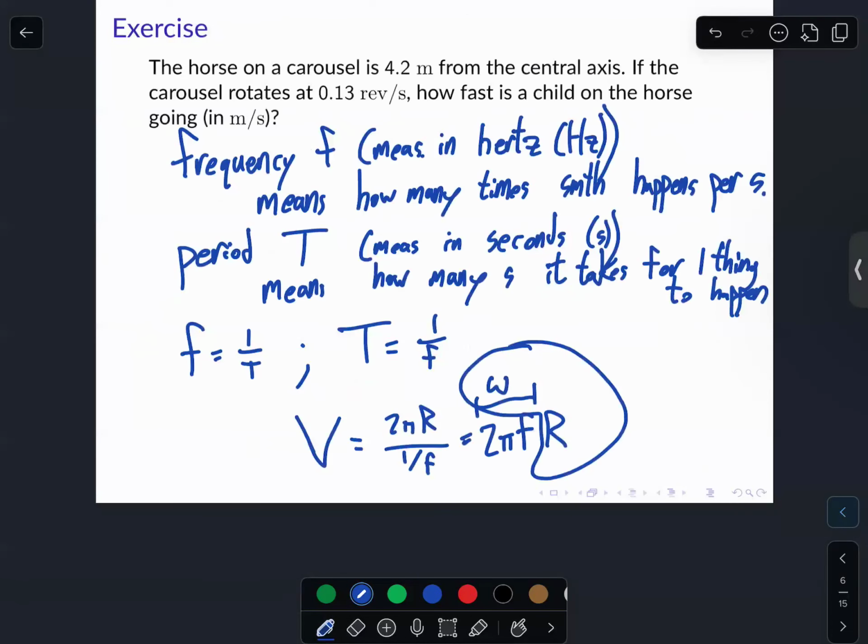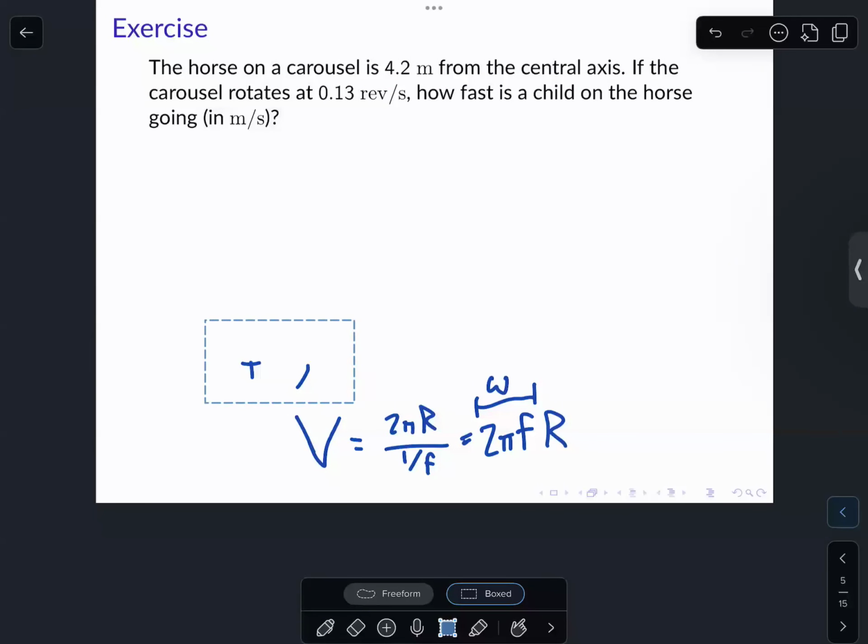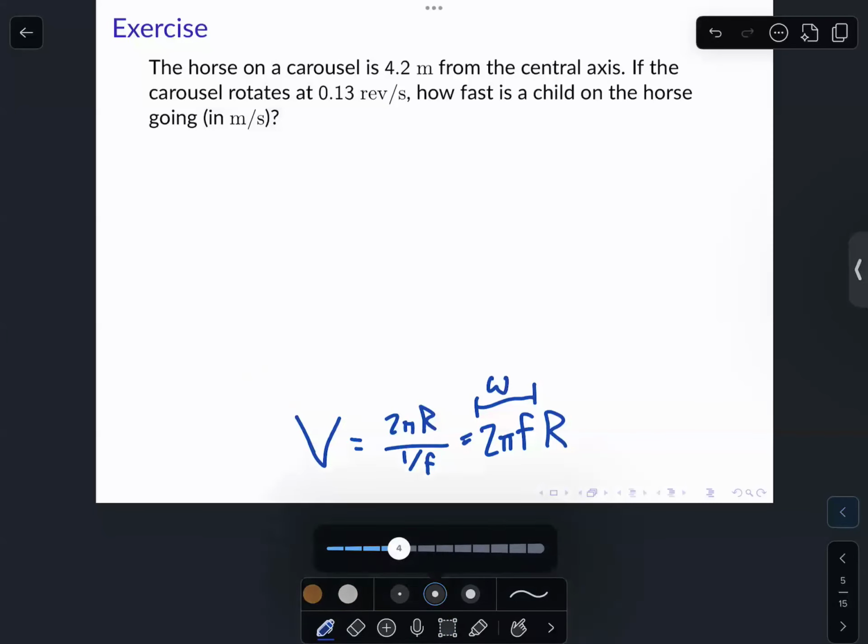Let's see if I can scroll. I've got what I ended that slide with, which is defining V equals 2 pi F R, which is V equals R omega.